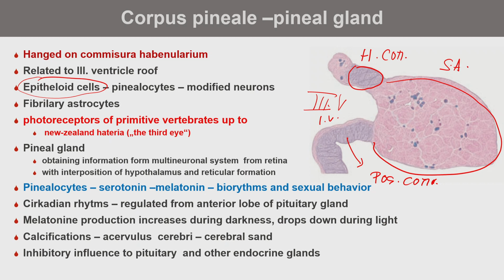There are very primitive photoreceptors here, which are able to relay the changing of the light through the day. Not only is there sunlight, there is night darkness, but also the period, the time which is daylight and when it is night.